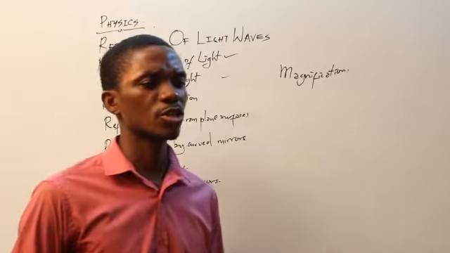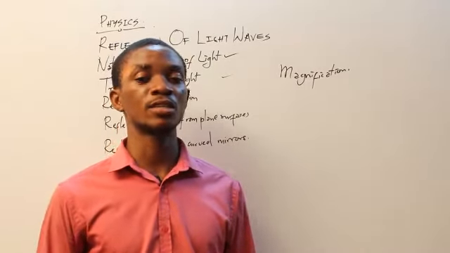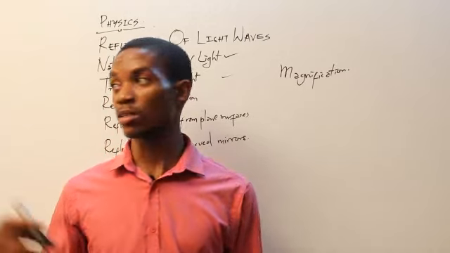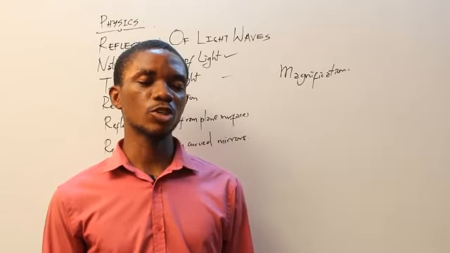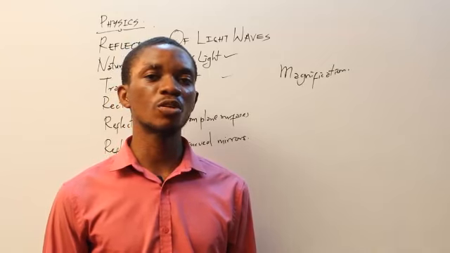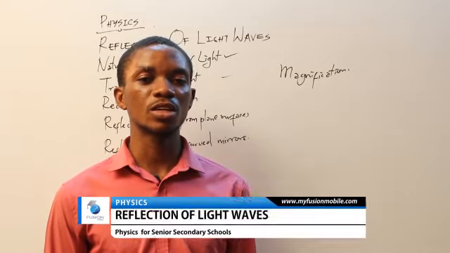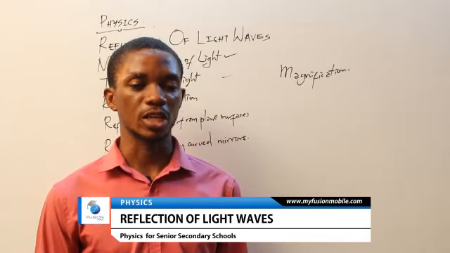When we talk about magnification, what is magnification? Magnification, in physics, under the topic of light, talks about the rate of the image in relation to that of the object.